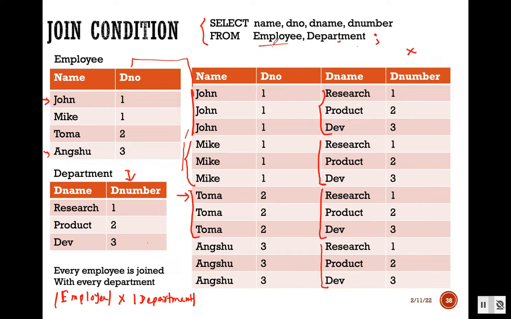I have three departments, so the employee John will be joined with three departments, employee Mike will be joined with three departments, and like that. At the end, my number of tuples will be the number of employees times the number of departments. I have four records here and three records here, so the total number of records will be 12.